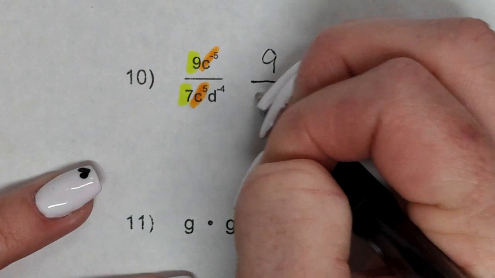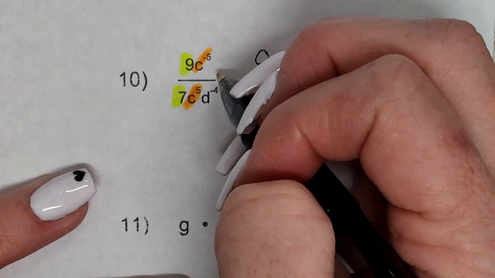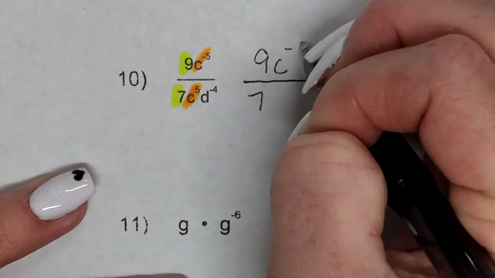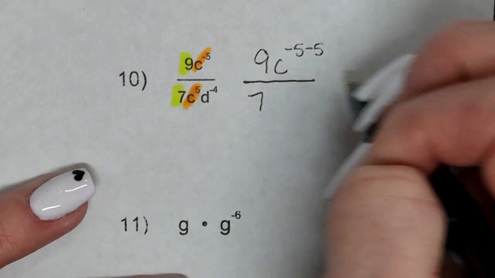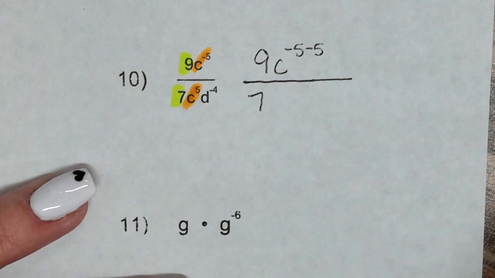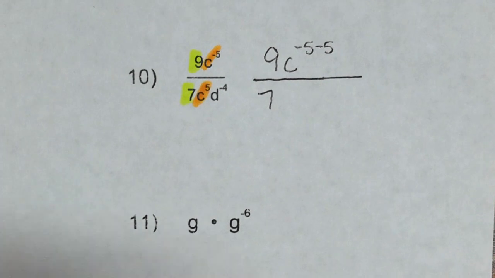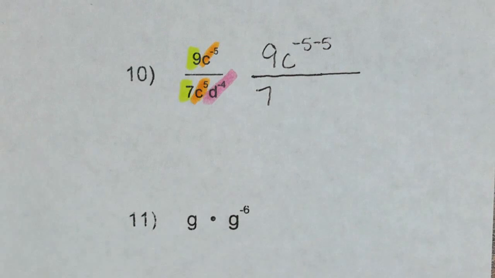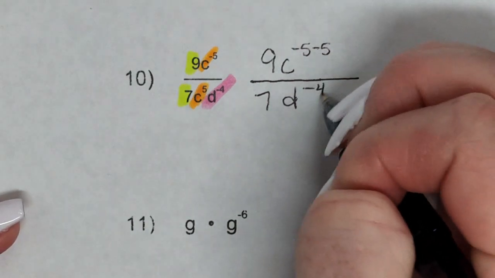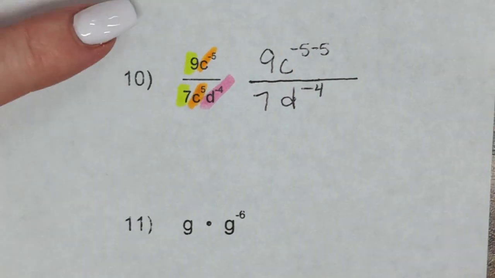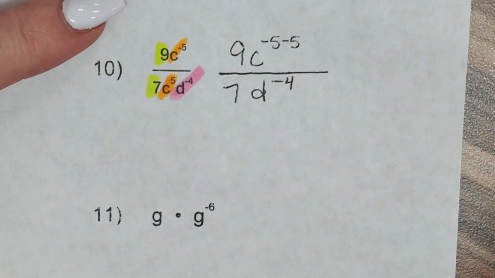So I have 9 on top, 7 on bottom. I'm going to deal with the C's. C to the negative 5 minus 5. D is all by itself on the bottom, so I'm just going to keep it there for now. D to the negative 4. Everybody okay?